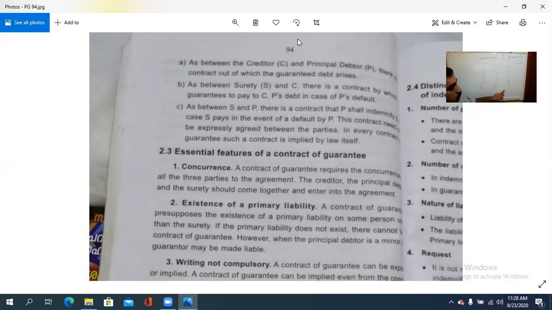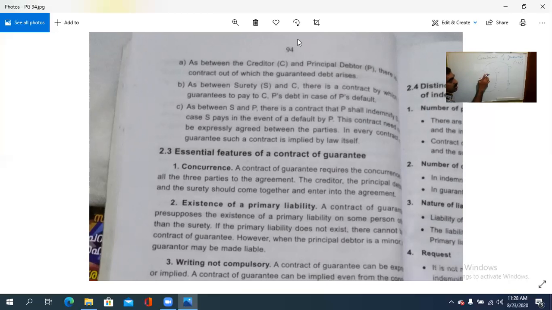This is where the guaranteed debt begins. Then, as between the surety and the creditor, there is a contract by which the surety is to pay C. P should give the money to C, and if he does not, then S pays. And as between S and P, so there are three contracts: one between S and C, another like this, and a third like this.